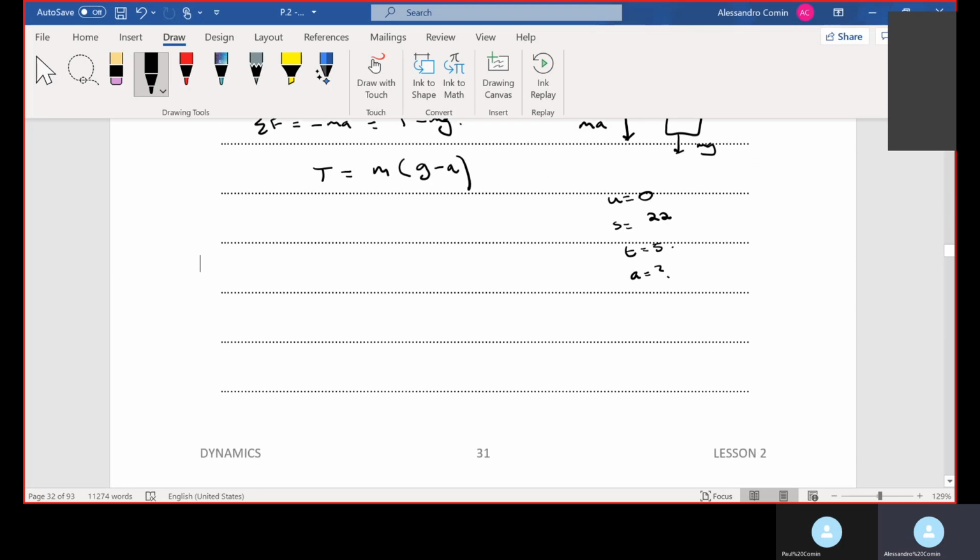So by the toolbox method, I'm going to use s is equal to ut plus half at squared, and I'm just rearranging for a. You can do the rearranging, but I'm just going to jump to the answer. a is equal to (s minus ut) times 2 divided by t squared.